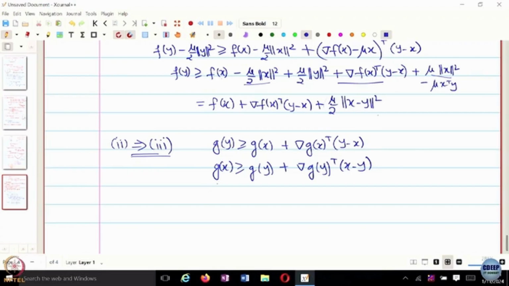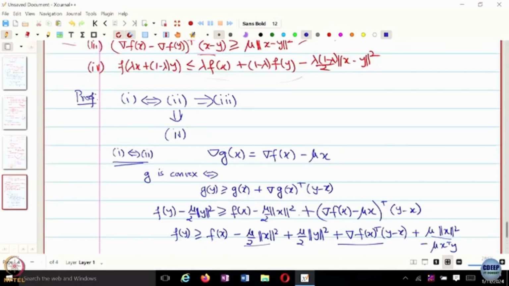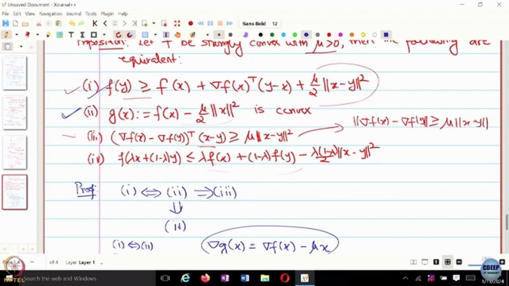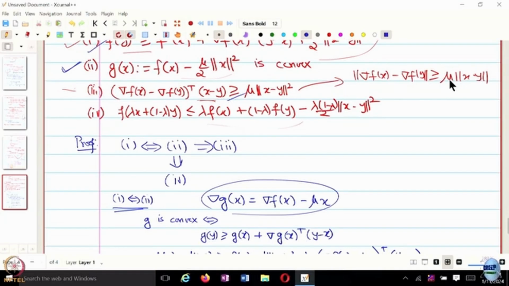If I add these two equations, this gives me 0 greater than or equal to the sum. Taking this to the left hand side, this tells you that gradient g of x minus gradient g of y transpose x minus y is greater than or equal to 0, and you just use the gradient definition of g and you get this inequality.